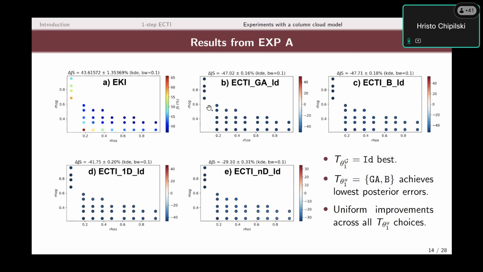For all of the other configurations, we actually have uniform improvements for any choice of the transport map. But for this case, the best improvements are if we use a Gaussian assumption in observation space, and over parameter space, we deal with fixed transport transforms, the Gaussian anamorphosis and the bound-preserving transform, which is expected due to the simpler nature of this problem.